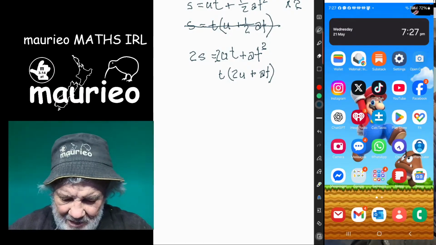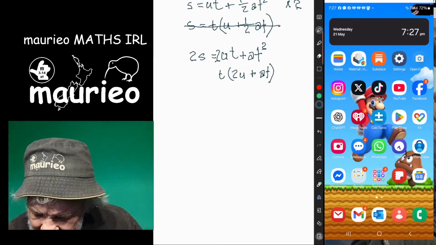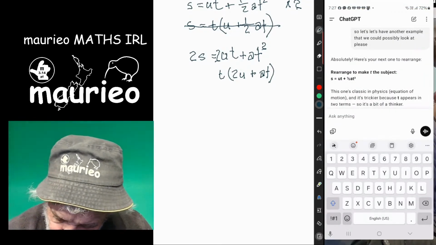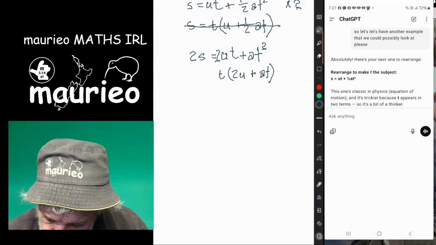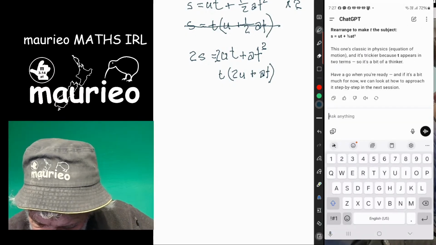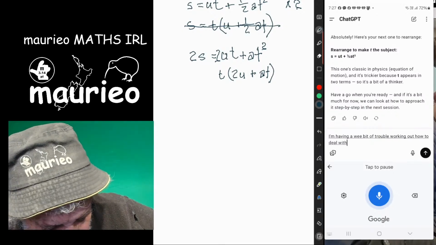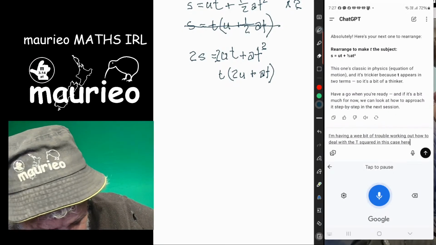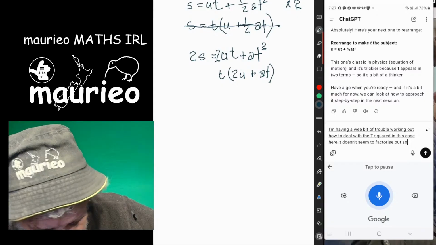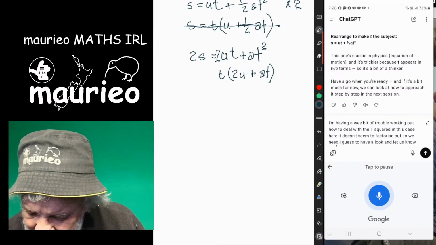Okay, I'm having a wee bit of trouble working out how to deal with the t squared in this case here. It doesn't seem to factorize out, so I guess we need to have a look and let us know, and we'll go from there.